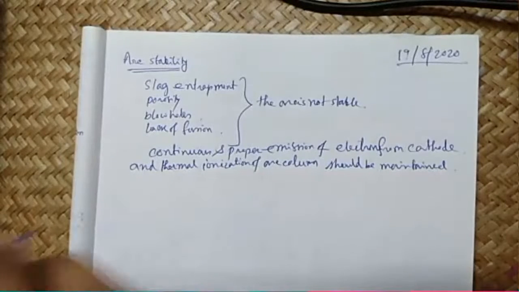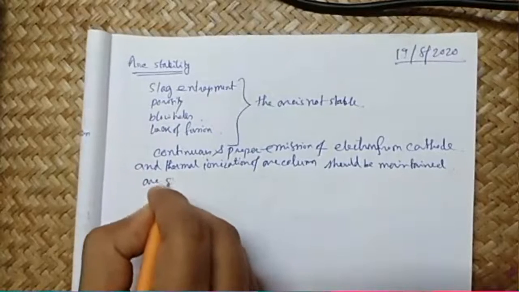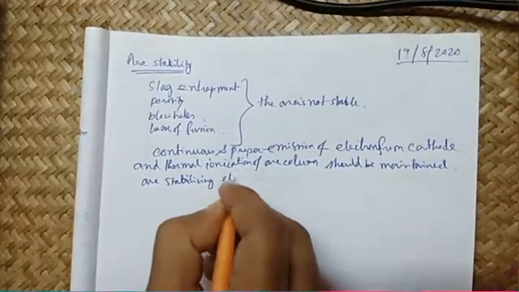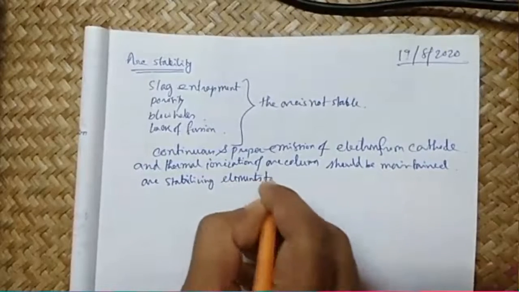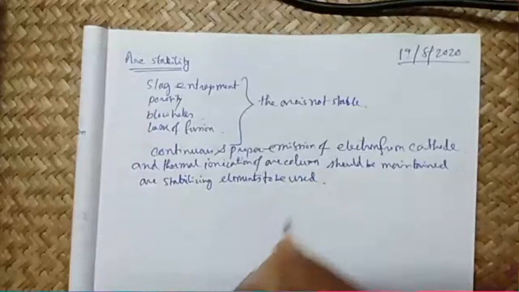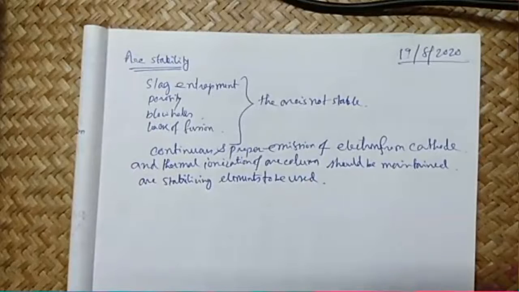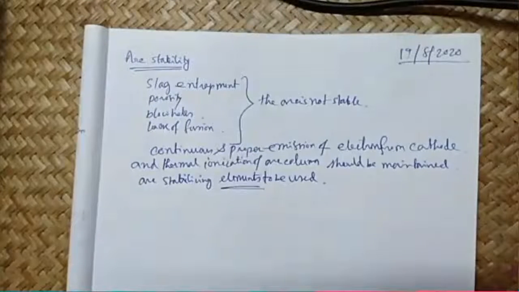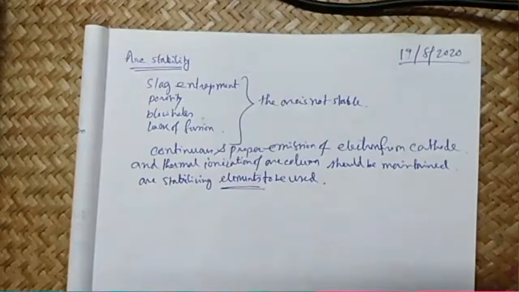So those arc stabilizing elements are to be used. These elements were already discussed: stabilizing elements like Al2O3, iron powders, and wood flour that produces CO2, which also helps maintain the arc and ionizes the air.